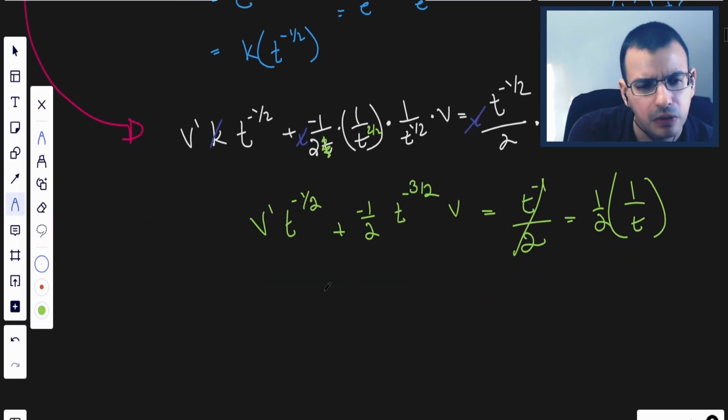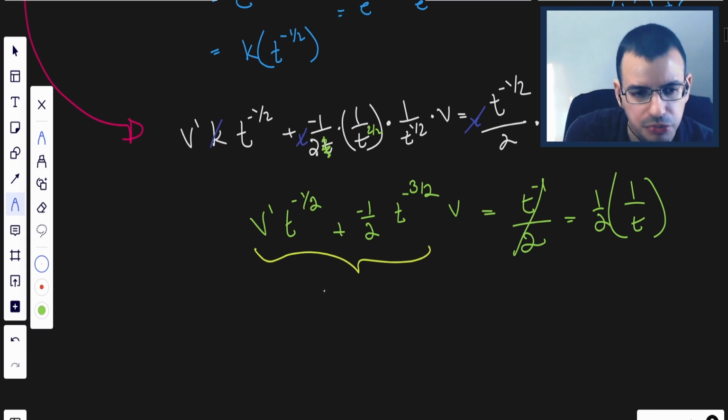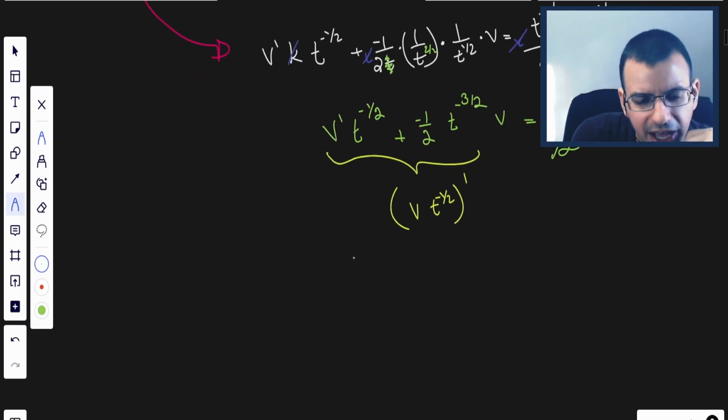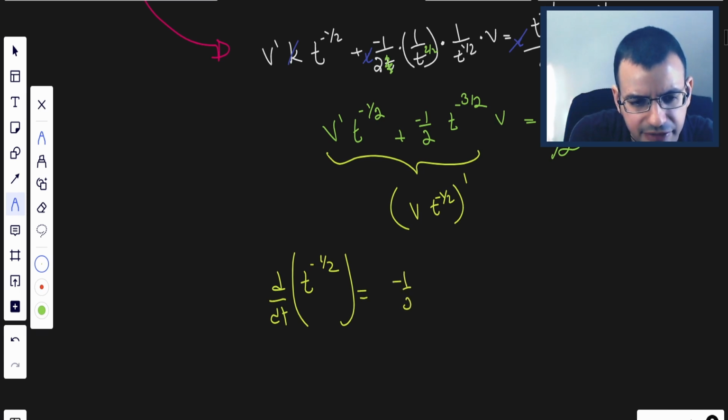All right, so now, let's see, what do we got here? This should be v times t to the negative 1/2 prime. Now let's check that out real quick. So if we have t to the negative 1/2, and we take the derivative of that with respect to t, we bring down the negative 1/2, and then we do t to the minus 1, which is negative 3/2, which is totally what we got right there.